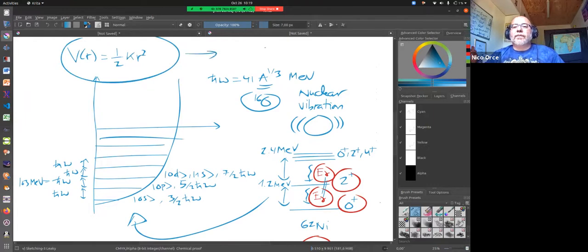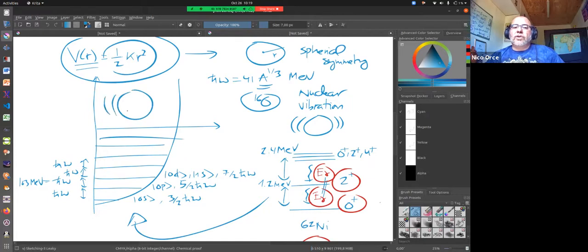So this implies that for a nucleus with the same R, the potential is the same, right? So this implies that nuclei, this is generally the case of this, has obviously spherical symmetry. In our harmonic oscillator potential, we have a spherical symmetry, and that allows for a vibrating nucleus, which is also spherical, right?